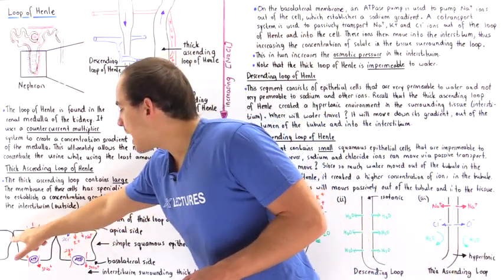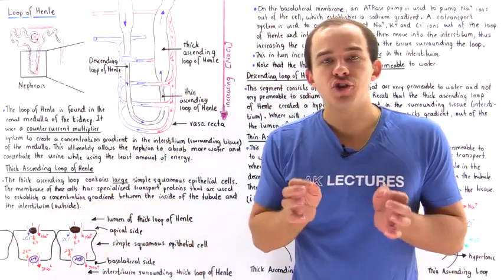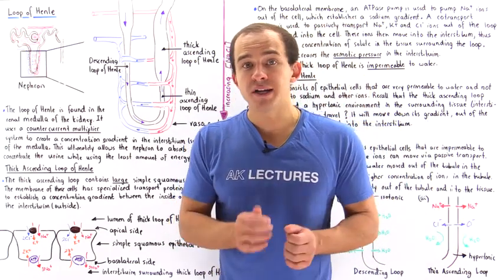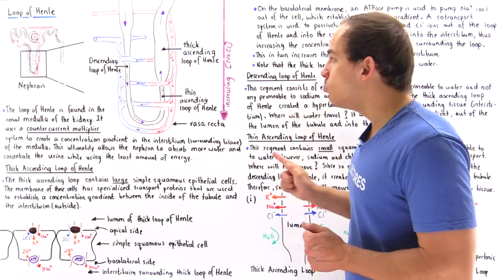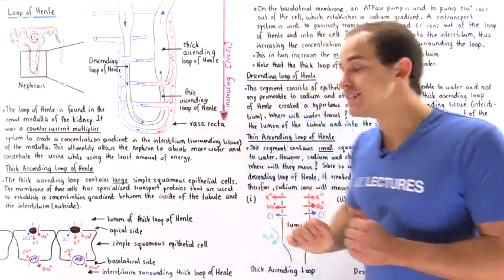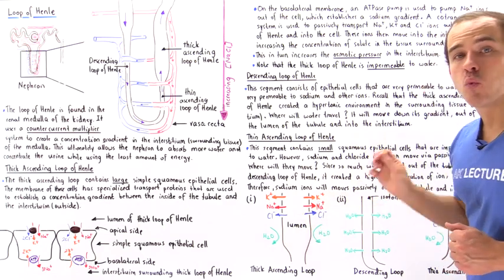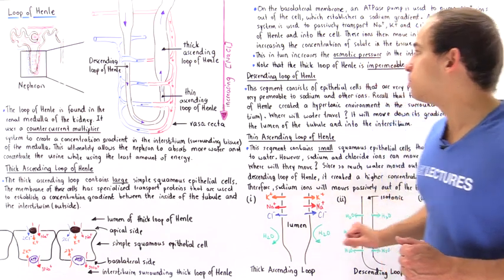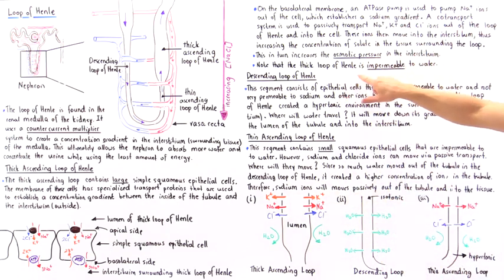Now, between our cells, we have tight junctions, and these tight junctions prevent the leaking or the movement of water from the lumen into our interstitium. So no water is actually absorbed and no water flows into our thick ascending loop of Henle. The thick loop of Henle is impermeable to water.